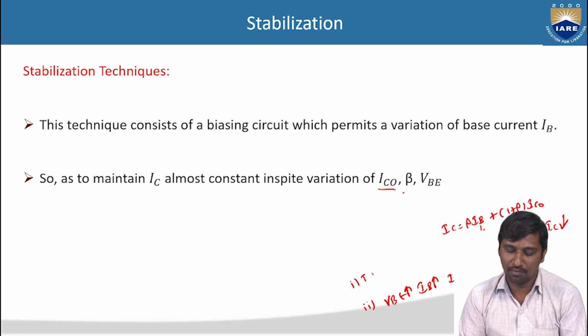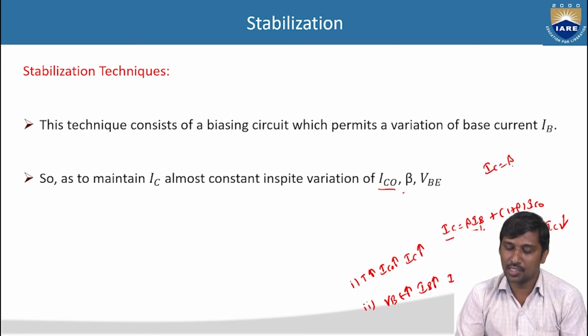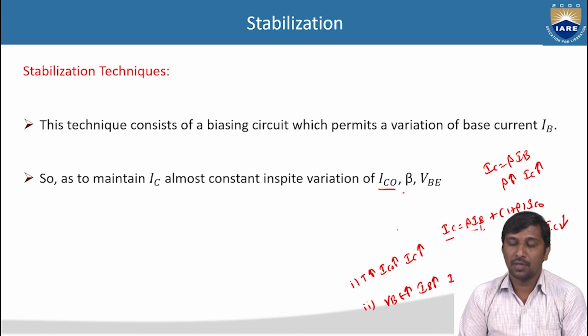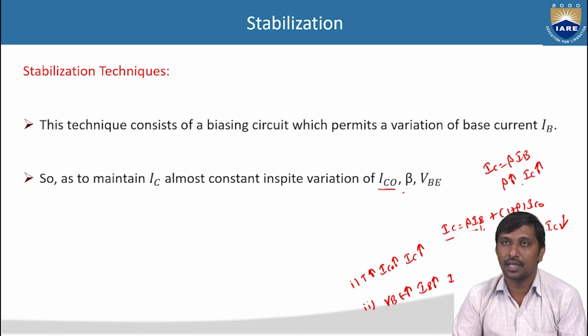The first parameter: temperature changes, so IC naught changes. If IC naught changes, IC also changes. Again, from the mathematical relation IC equals beta times IB, if beta changes, the collector current changes. So irrespective of which parameter is affected, the collector current changes, and hence the Q point also changes.